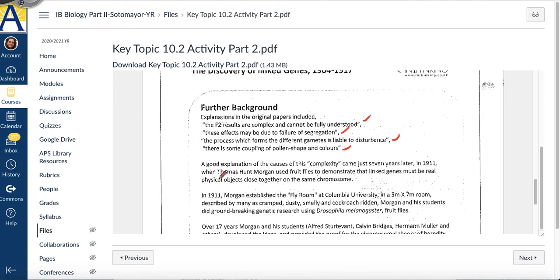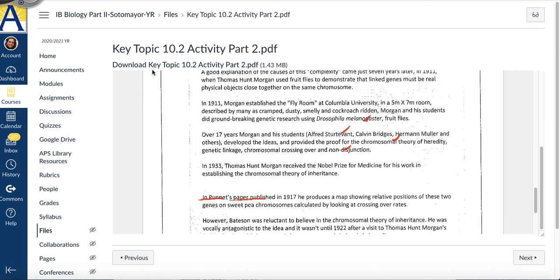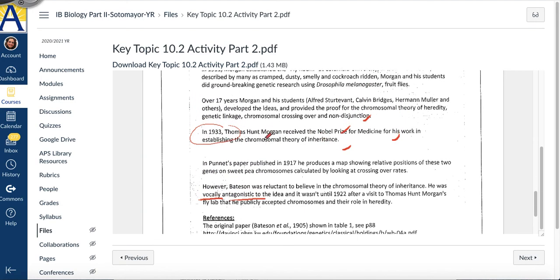But it wasn't until 1911 that Thomas Hunt Morgan established the fly room at Columbia University, and he studied linked genes. And again, this was over a period of 17 years, right? Thomas Hunt Morgan later won the Nobel Prize in Medicine for his work in 1933, and he established the chromosomal theory of inheritance.